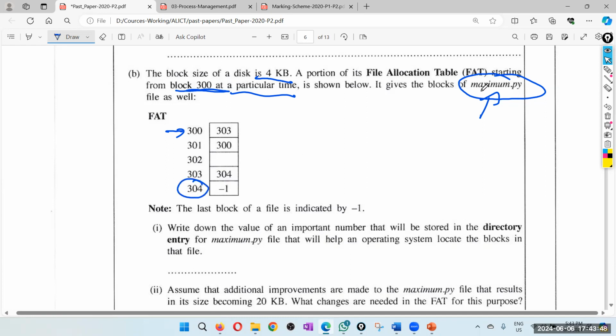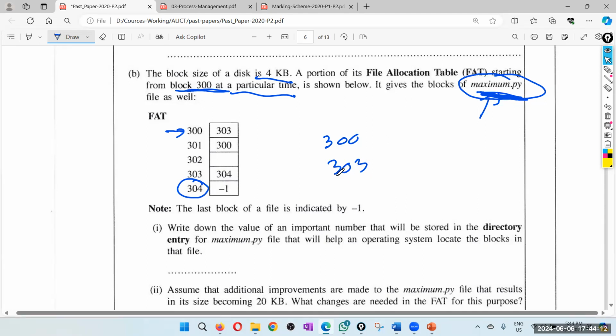So the first part of this file is in 300, because it says starting from block 300. Then the next block is 303, so block 303 is also used. It is not contiguous.